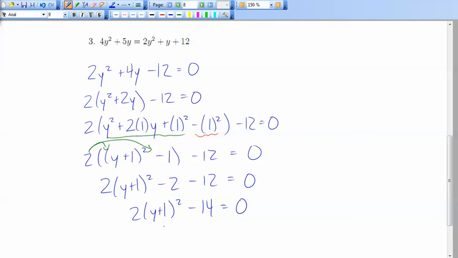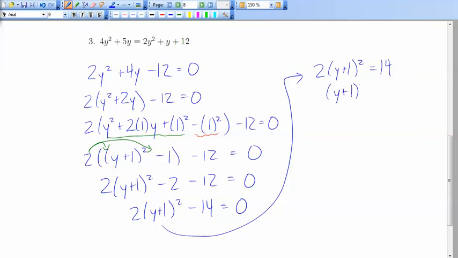All we have to do is isolate y. So we'll peel away the outermost layer. We'll add 14 to both sides of the equation and move over that 14. Then the next outermost layer is the 2. So we'll divide both sides by 2. Then we'll take the positive and negative square root of both sides.